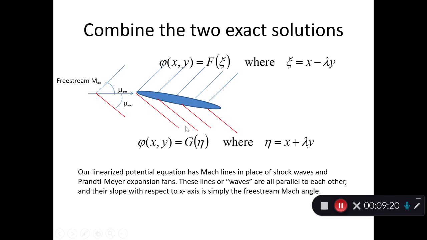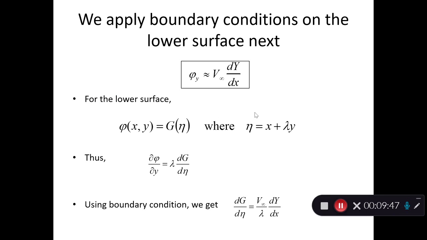Therefore, the upper surface and lower surface have discontinuous solutions, discontinuous velocities, discontinuous pressure. But we don't need to worry about it. Kutta condition is satisfied at the trailing edge by the formation of shock waves and expansion waves. But we are only interested in what's happening on the airfoil. We don't need to worry about the Kutta condition or what happens downstream of those shock waves or expansion waves.